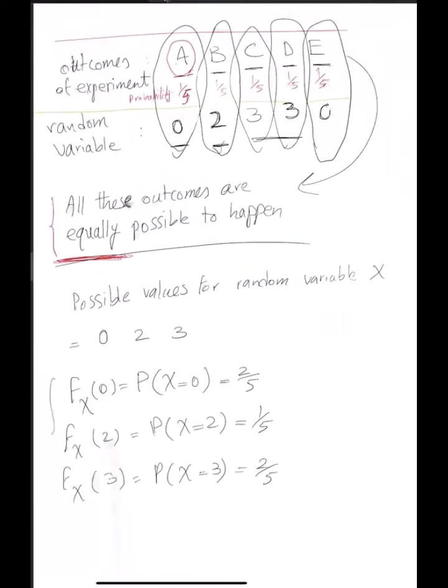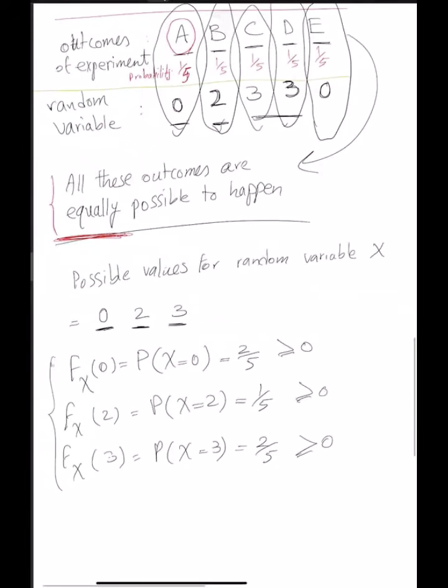So that's the probability mass function of this random variable. We know the possible values 0, 2, 3. We know the probability of each one of them, they are greater than or equal to 0, and the sum of them equals 1. So it has all the characteristics of a probability mass function.